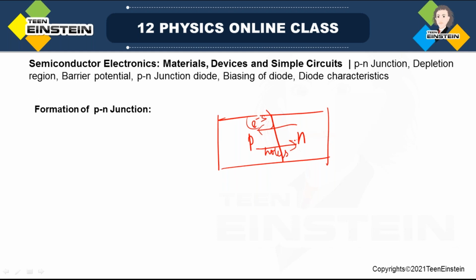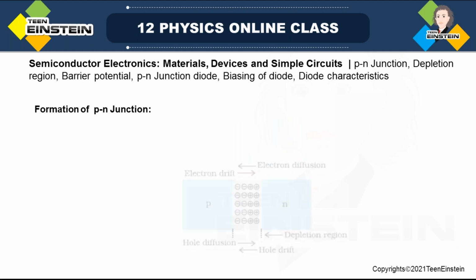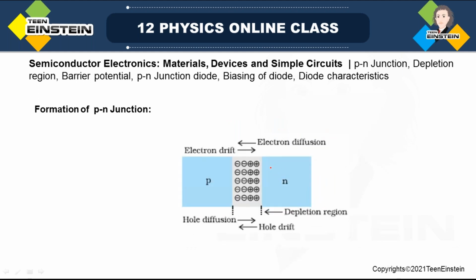I will tell you once more. Electrons from the N side go to the P side because there is a low concentration of electrons on the P side. At the same time, holes go from the P side to the N side, because the hole concentration on the N side is very low.